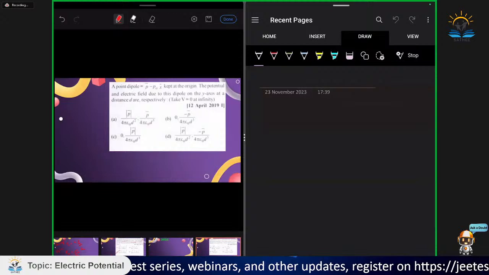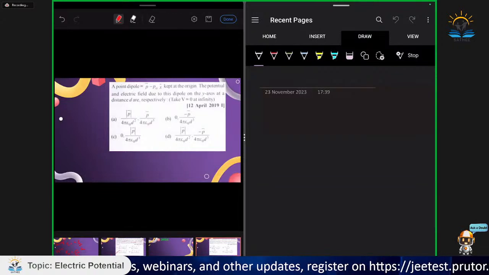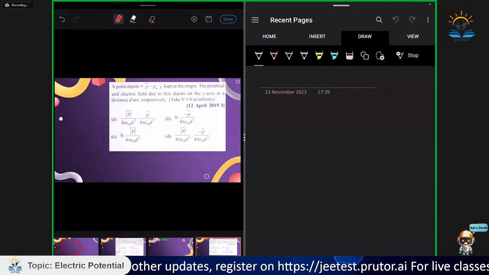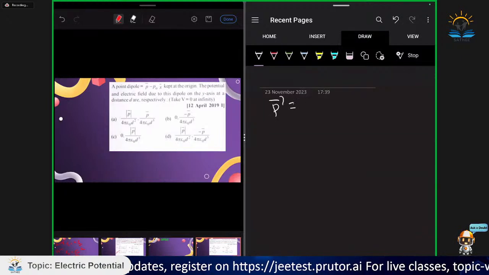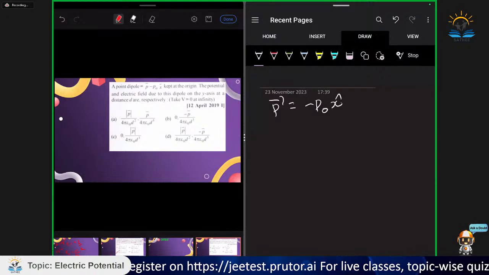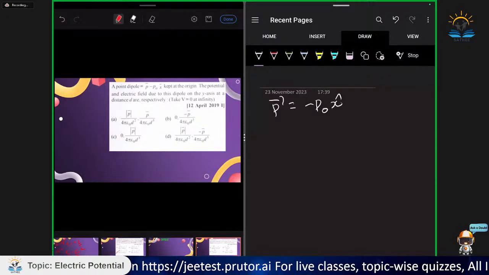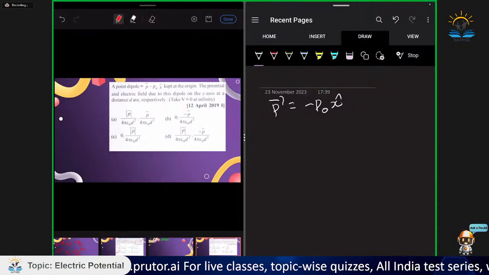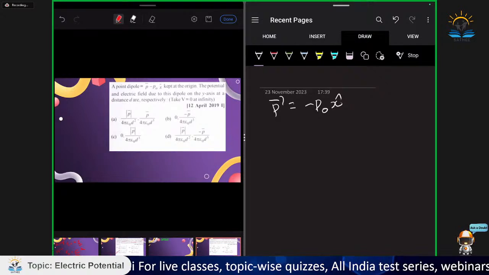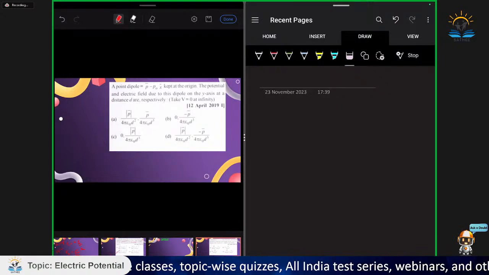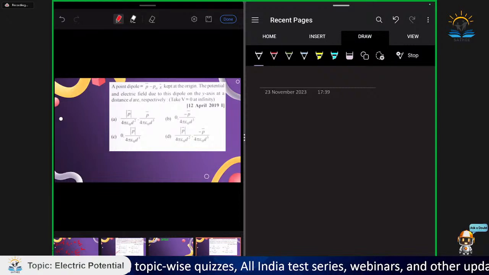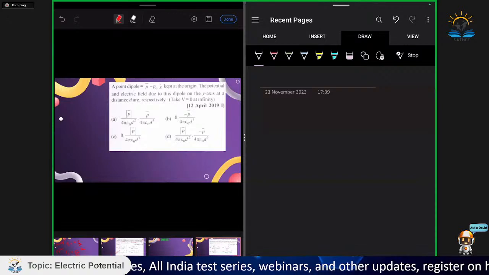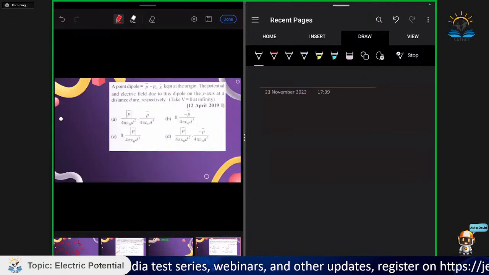This is our question. Here in the question, P is given as minus P0 x cap. Anyway, see what the question is: the potential and electric field due to this dipole on the y-axis at a distance d.